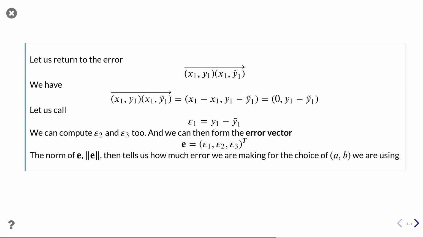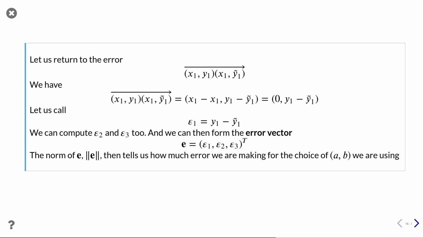Remember that the norm of a vector is its length. So when I compute the norm of E, I have a measure of how much error I am making in my approximation for the a and b that I'm using.